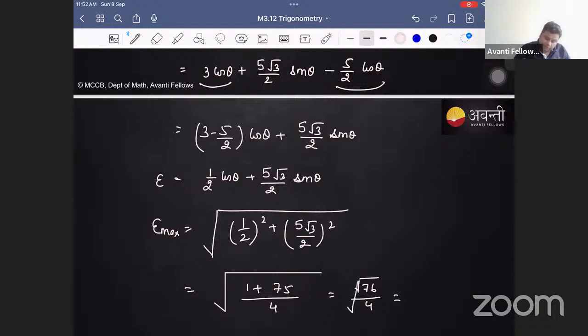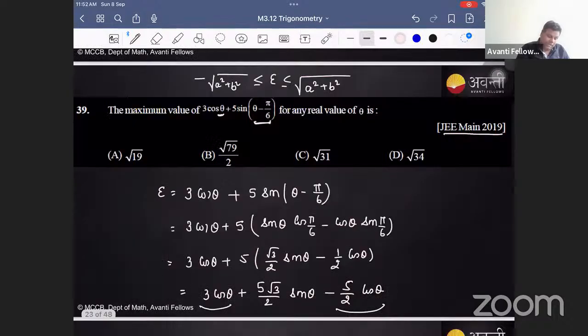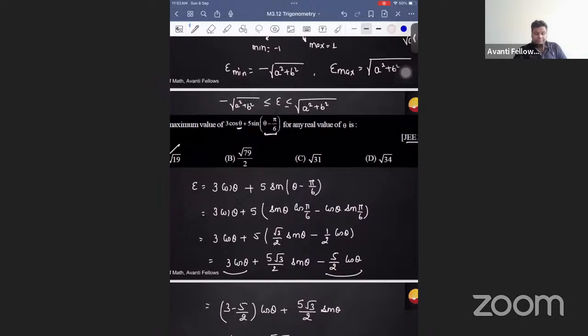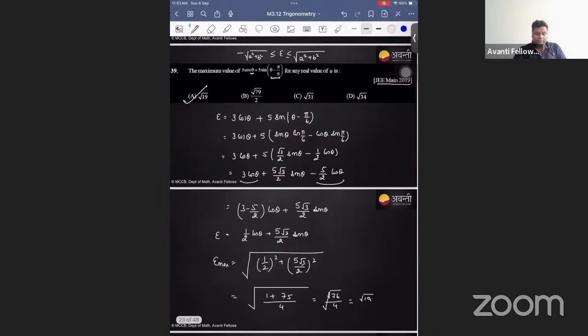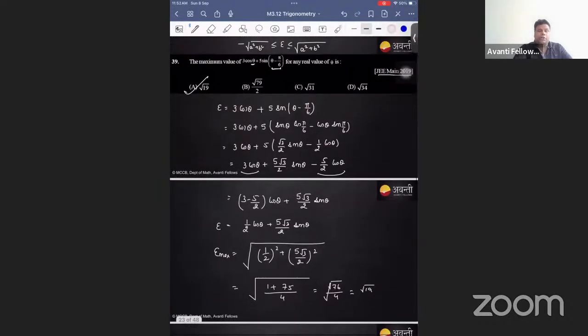The 4 is also inside the root, so it is root 19. Any options? Yes, A is the correct answer. See it. And it is not at all a tough question now. Got it?